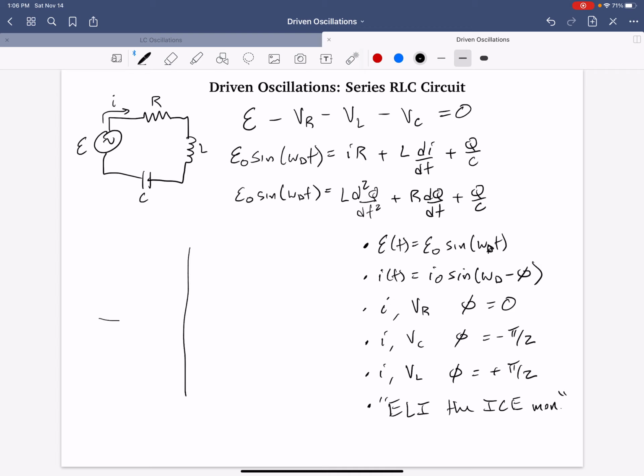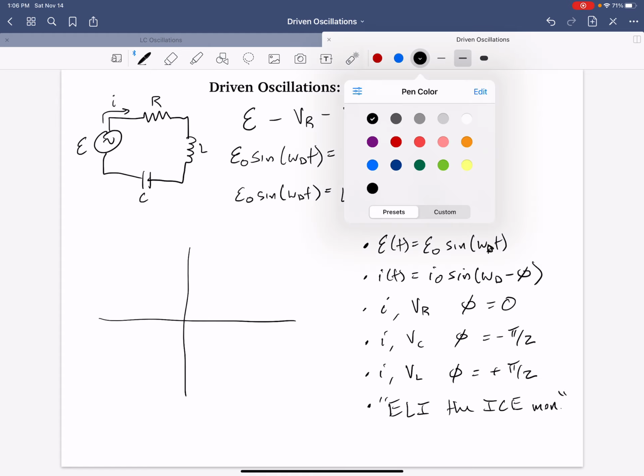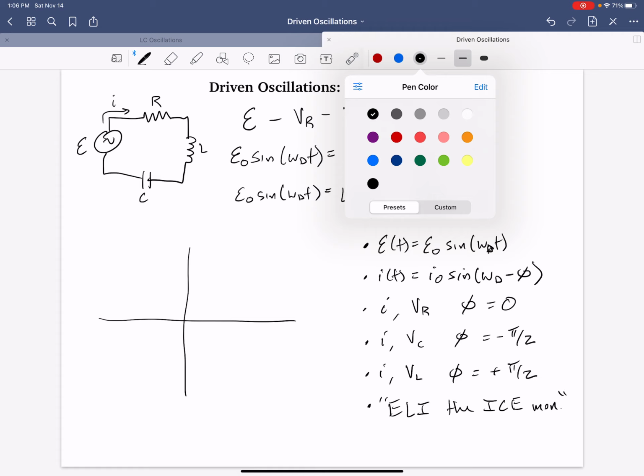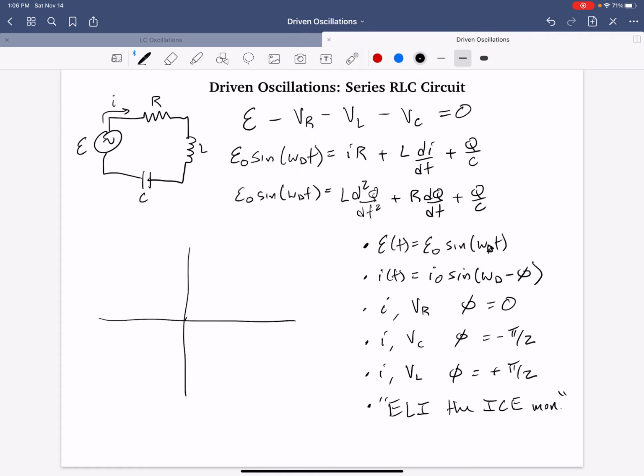In this space, I've conveniently set aside, I'm going to draw the current first. I'm just going to choose a random position. So that's the only current in our circuit, right there. It has that amplitude and that angle in time.